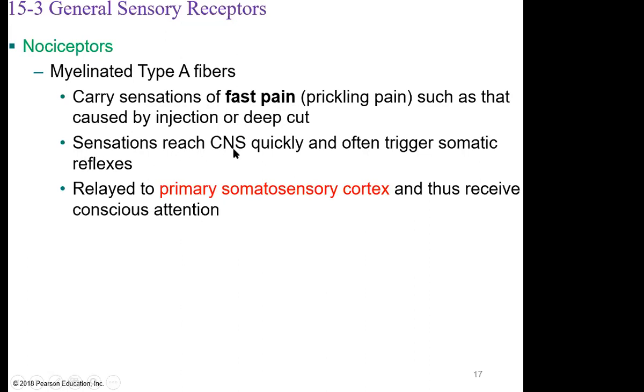So the sensations will reach the brain and the spinal cord very quickly and often will trigger those somatic reflexes relayed to the primary somatosensory cortex, and they will receive our conscious attention. Okay, again, remember this is the postcentral gyrus. So anytime we get here, we will know what is happening. We will be aware. That will be part of our 1% that we are familiar with.